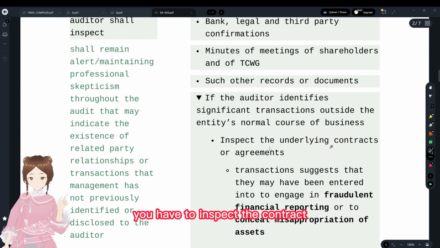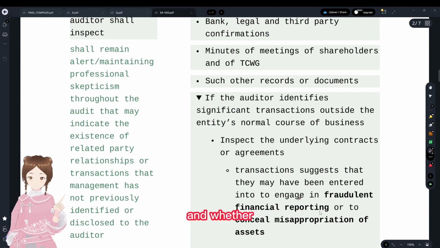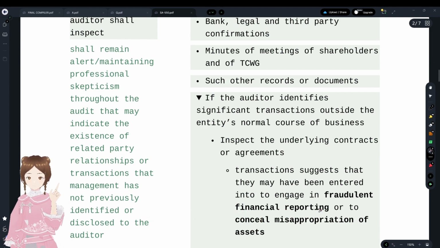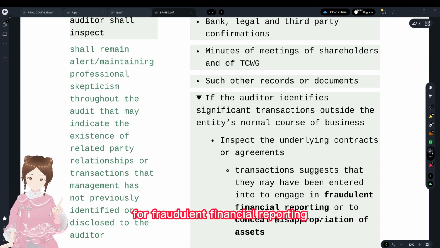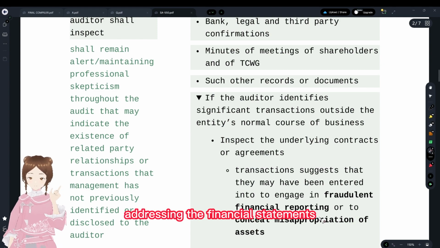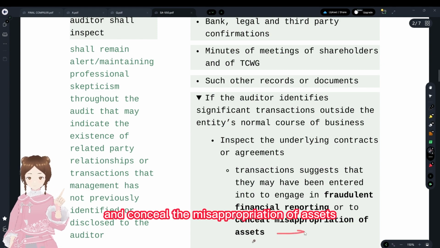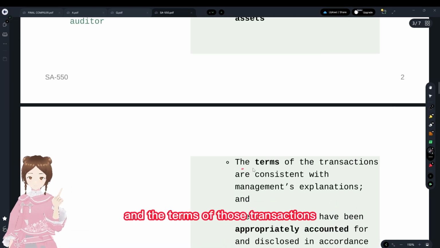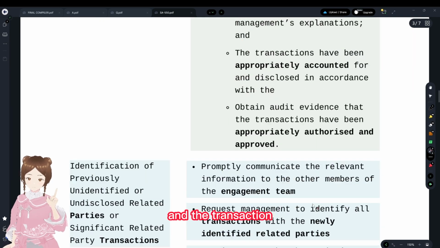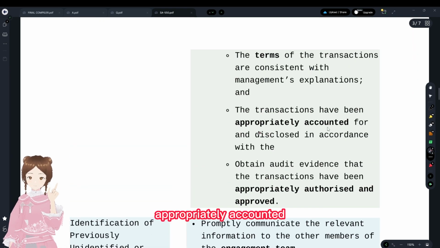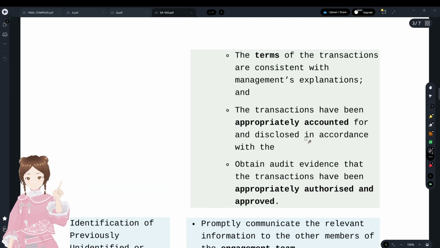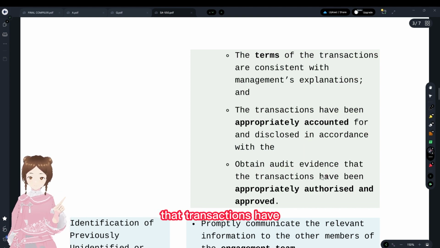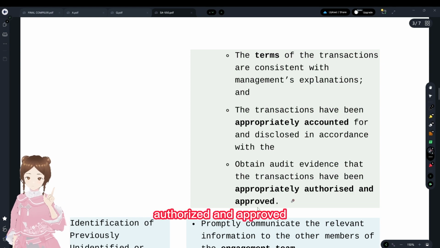What you have to do is inspect the contracts and whether the transaction suggests that they may have been entered into for fraudulent financial reporting, like window dressing the financial statements and concealing the misappropriation of assets. And he has to check the terms of those transactions, whether they have been appropriately accounted for and adequately disclosed or not, and obtain audit evidence that transactions have been appropriately authorized and approved.